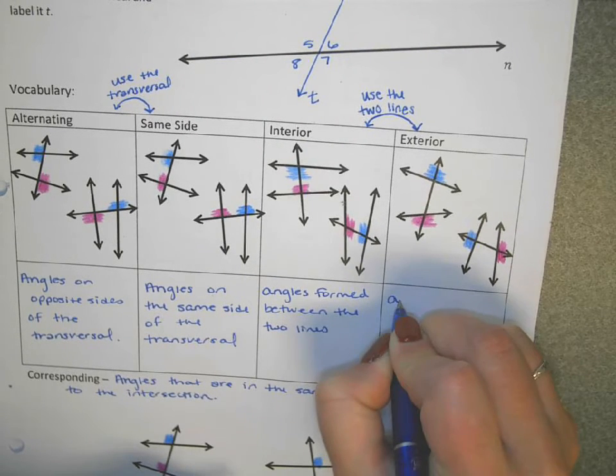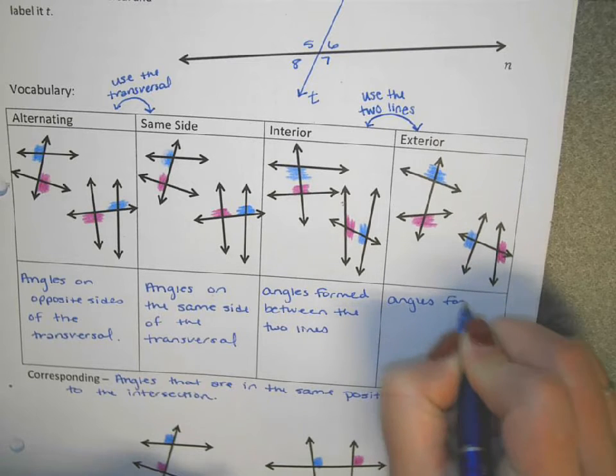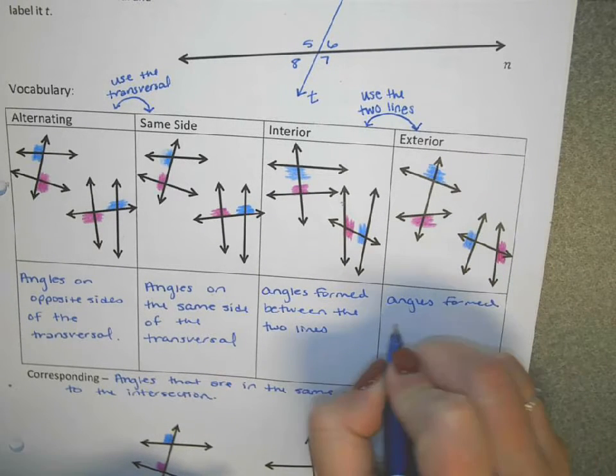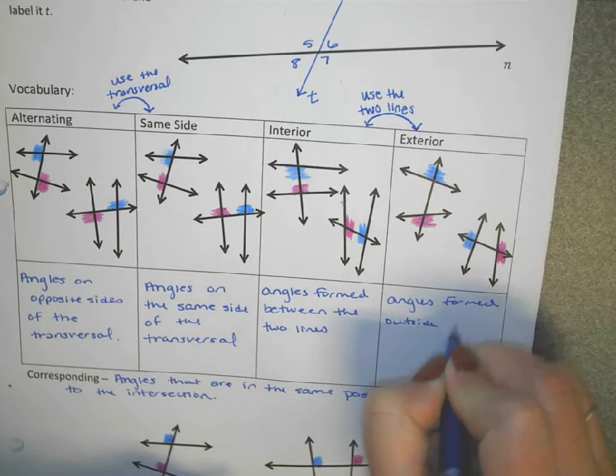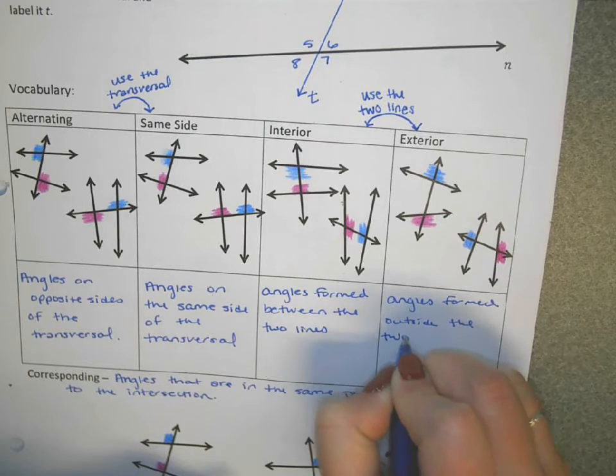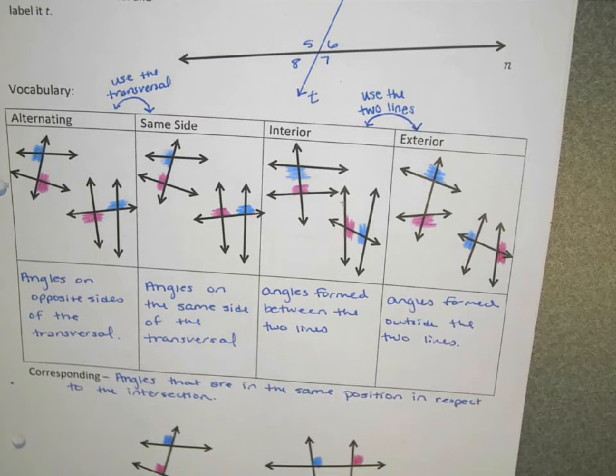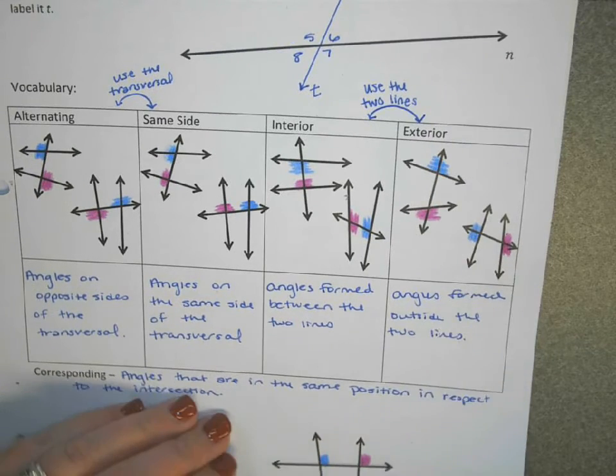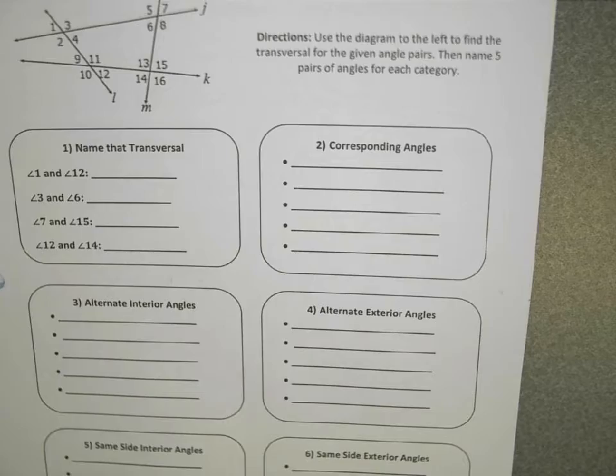And these are the angles formed outside the two lines. Is that okay? Interior, exterior, kind of self-explanatory. Inside versus outside, right? Okay.